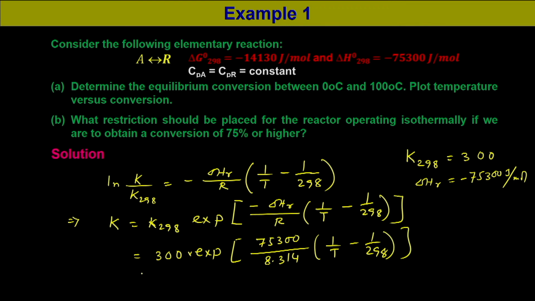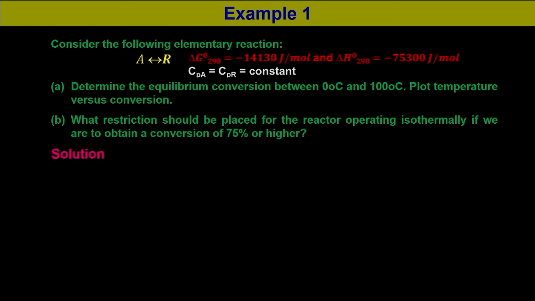So, if we multiply, it would be 300 into exponential 75300 by 8.314 T minus 30.393. So, using this expression, if we choose a different temperature, we can calculate K values.